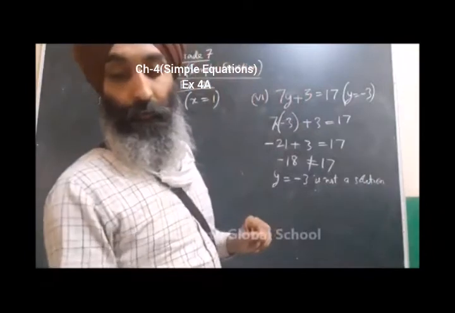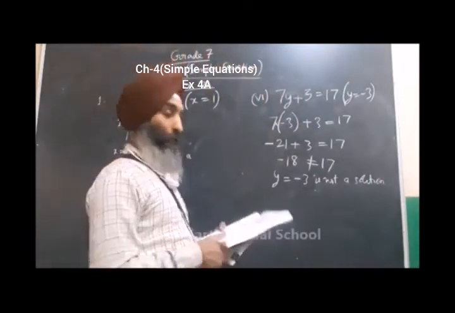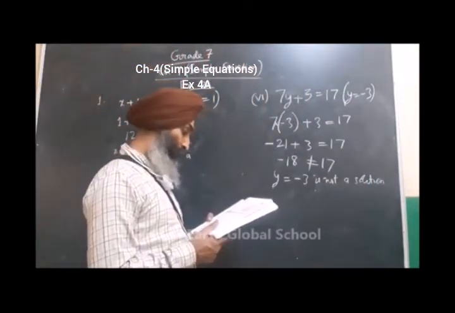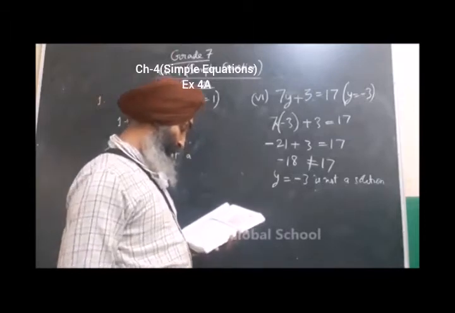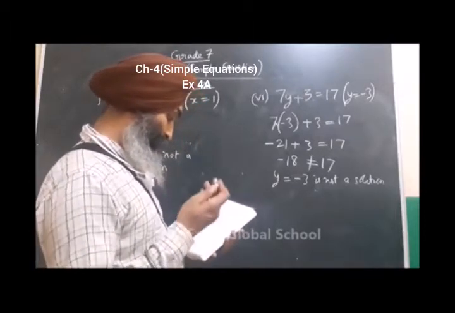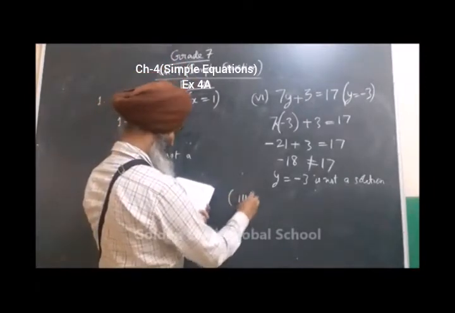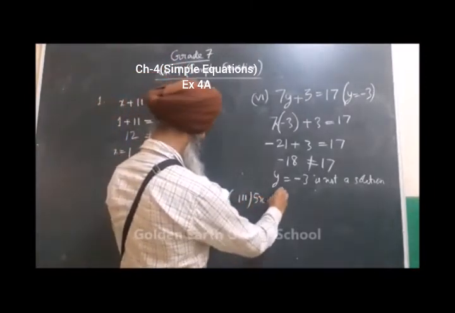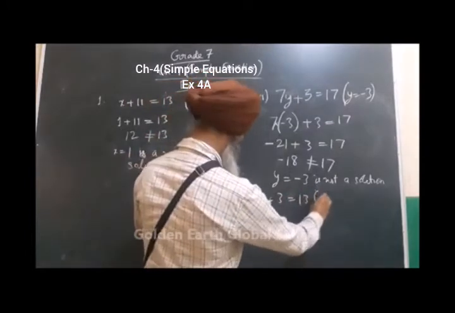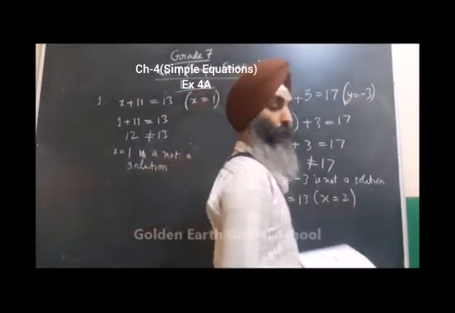Now similarly you have to check the other parts also. Let's check the third part: 5x plus 3 is equal to 13, and you have given x is equal to 2.